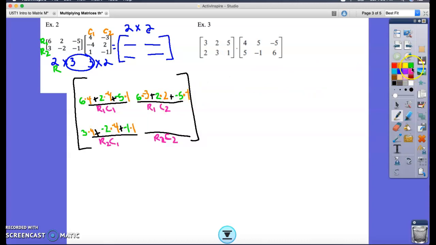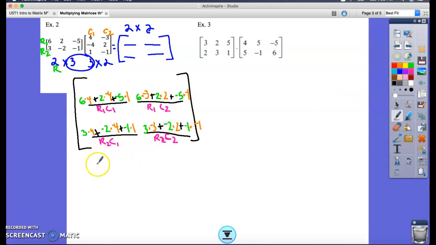And my last setup is going to be row 2. Row 2 numbers are 3, -2, -1, and I'm going to use column 2 numbers, which are -3, 2, and -1 again. And in between them, you always add, always add.